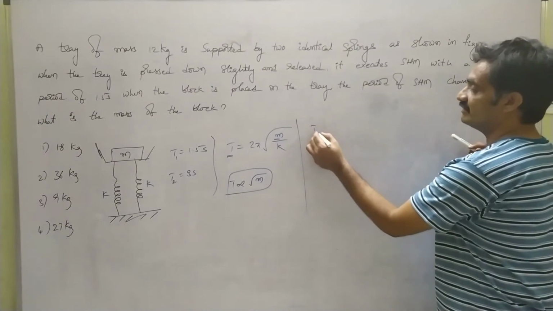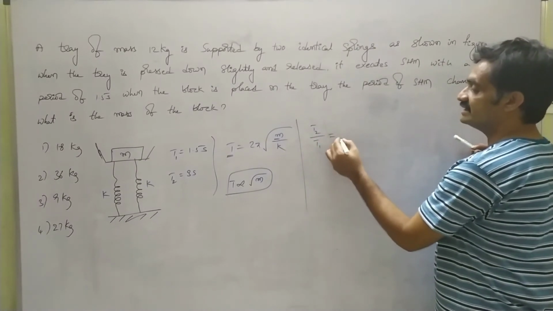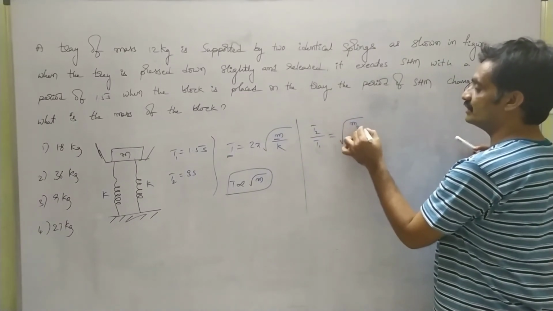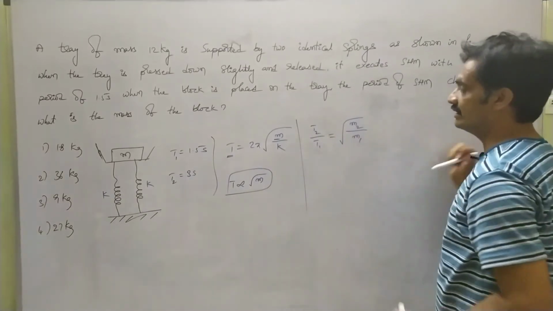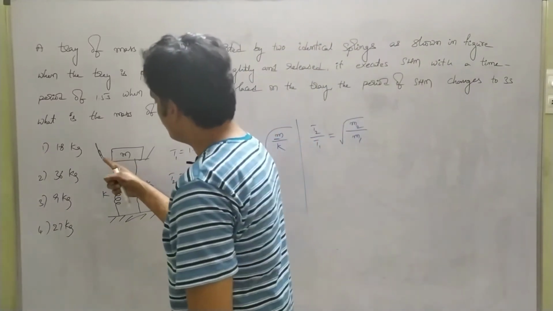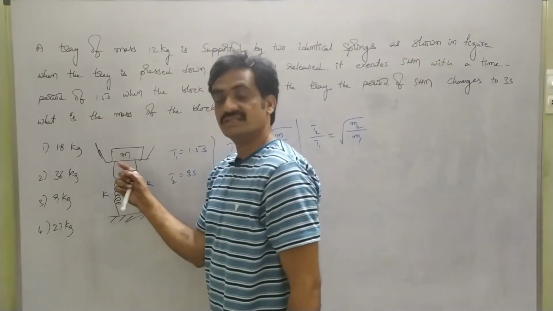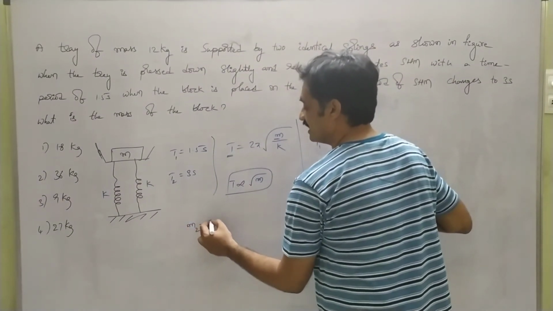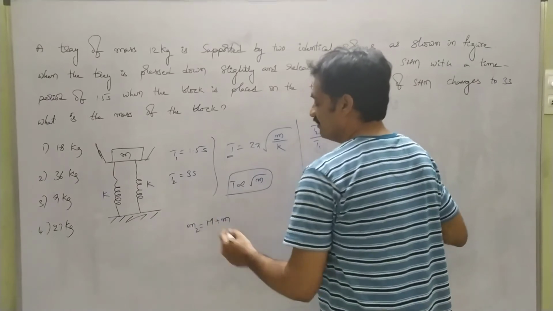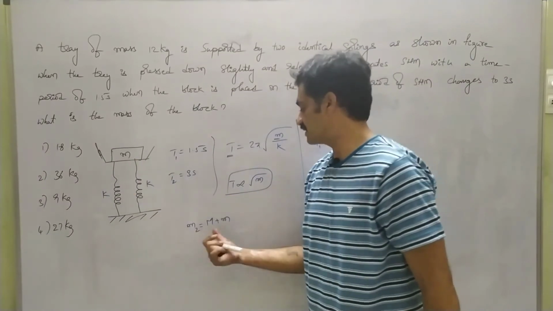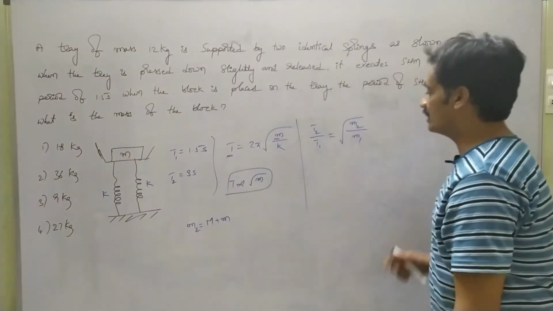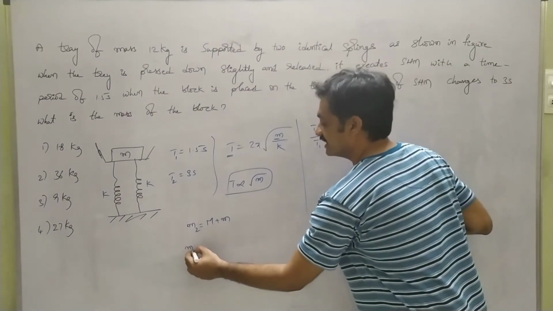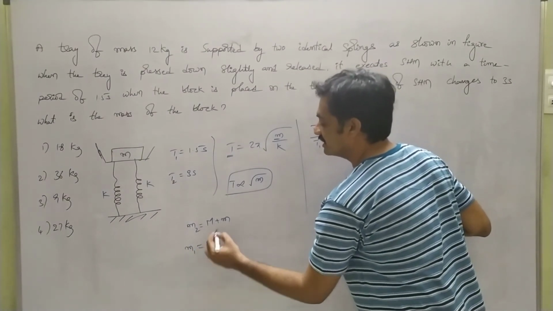So as a substitute, we have T2 by T1 is equal to under root of M2 by M1, where M2 is nothing but the mass of the tray as well as the mass of the block. So M2 is represented as capital M plus small m, where capital M is the mass of the tray, small m is the mass of this block, and M1 is represented as the mass of the tray.